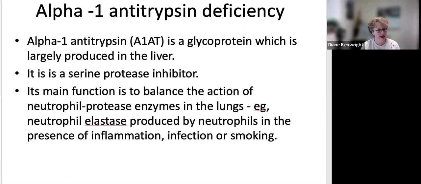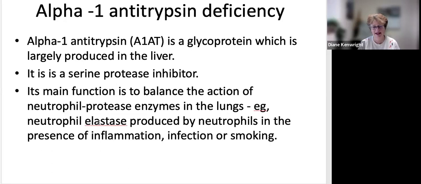Right, we're going to talk about alpha-1 antitrypsin deficiency. So antitrypsin is an enzyme which inhibits proteases. The serine proteases are common. They have important functions in killing organisms. Sometimes they can get a bit overexcited if they're not inhibited and start chewing up normal body structures. So in particular, alpha-1 antitrypsin inhibits neutrophil protease enzymes in the lung.